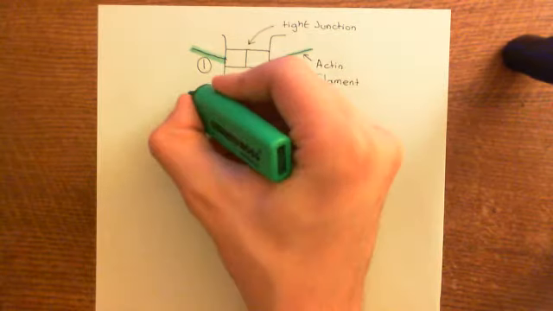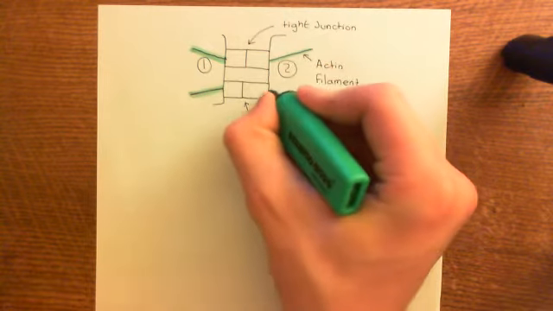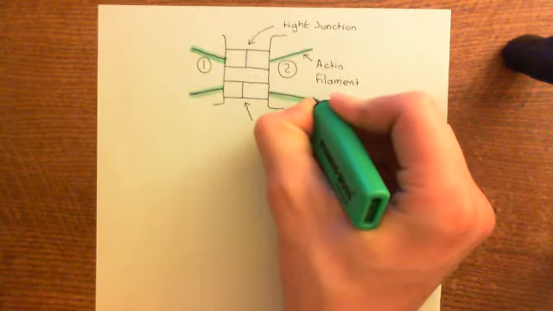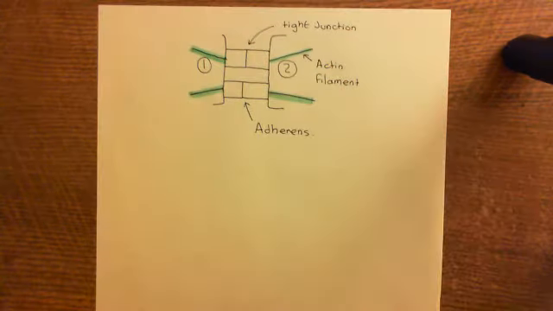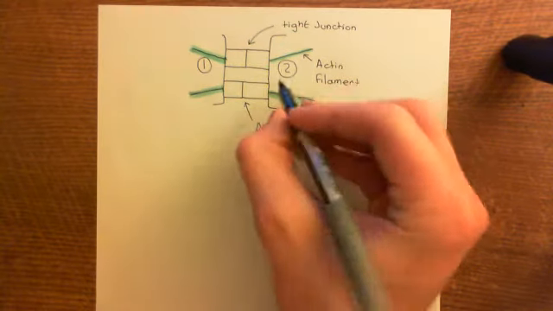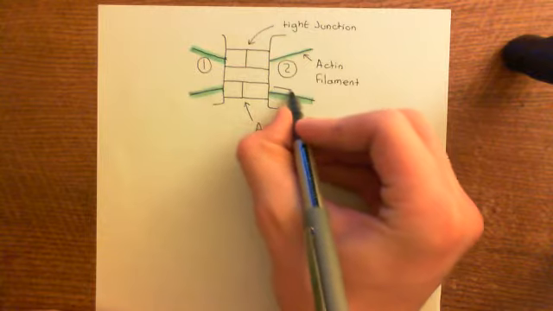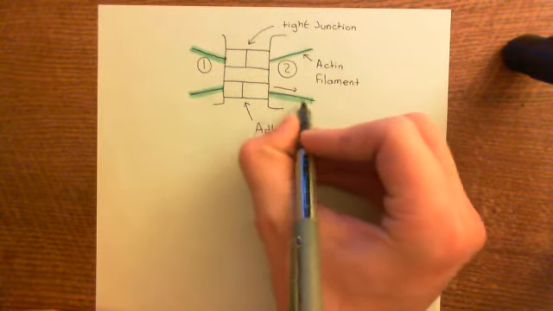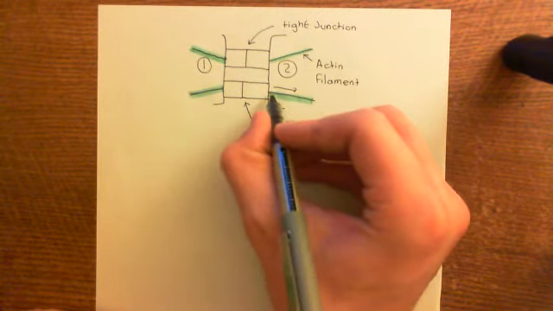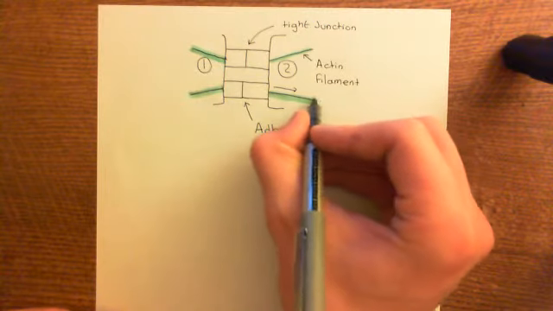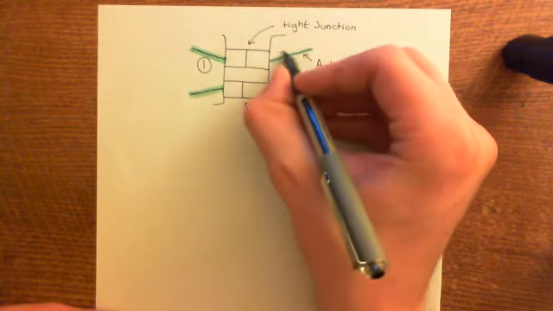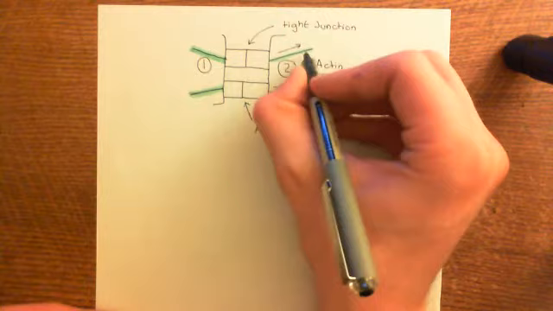So what's going to happen in endothelial cell contraction is that you're going to contract these actin filaments, okay? And basically, each of the actin filaments, when they contract, for instance, if we take this actin filament, it's going to pull these proteins in this way. This actin filament's going to pull these proteins in this way.